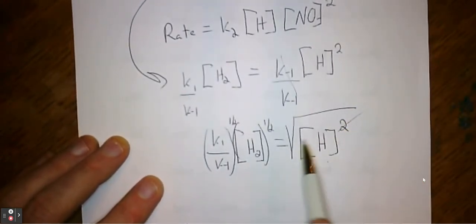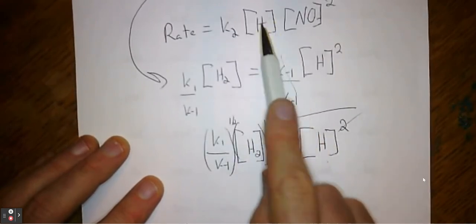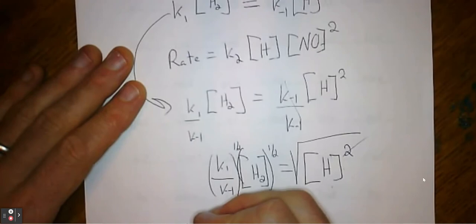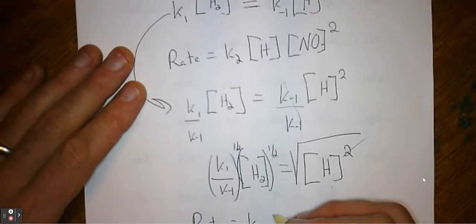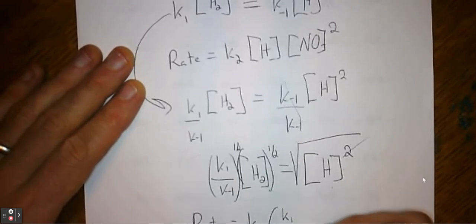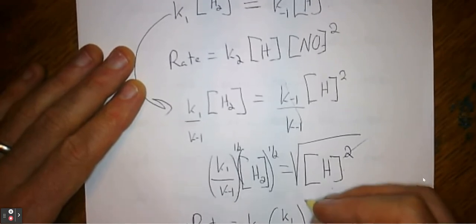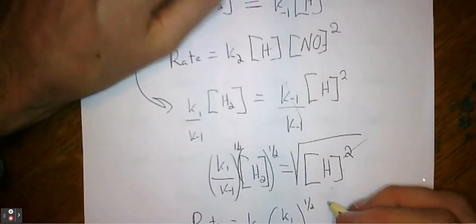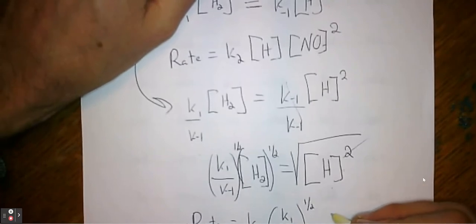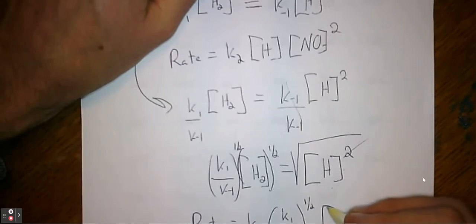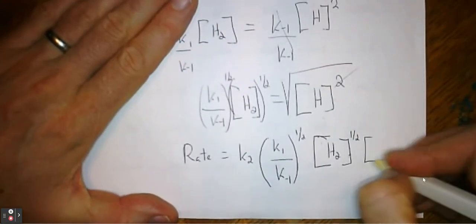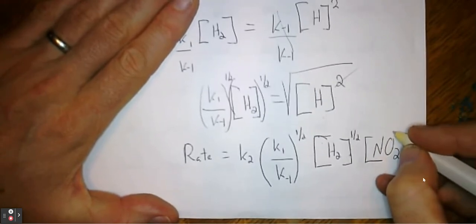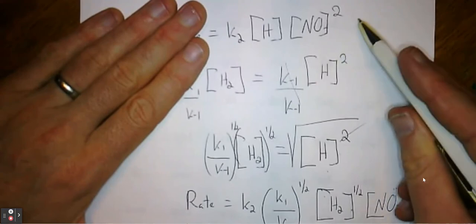All right. So now I plug this whole thing into this equation, and I'm going to get rate equals K2 times K1 to the half, concentration of H2 to the half, times the concentration of NO2 squared.